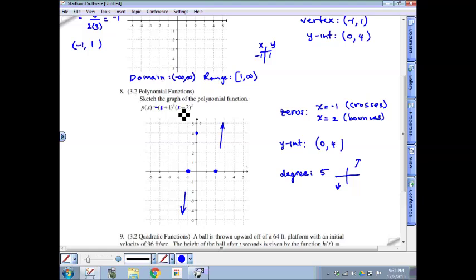So if I plugged in a 1 for x and a 1 there, 1 plus 1 is 2, 2 cubed is 8, -1 squared is 1, so when x equals 1, y is all the way up here at about 8. So down, it bounces there. Didn't quite hit that y-intercept very well. There it goes.